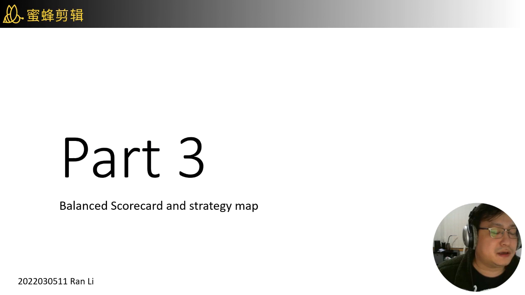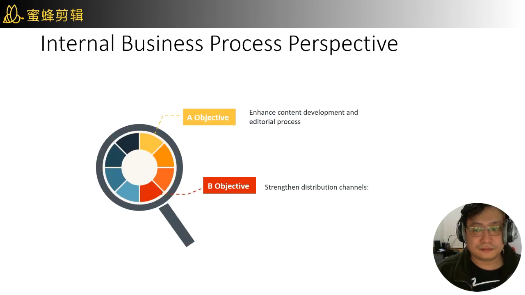Hello, I'm Ran Li. In this part, we will discuss strategic objectives based on the four perspectives of the balanced scorecard for the newspaper business division and then construct a strategy map. Let's start with the internal business process perspective.